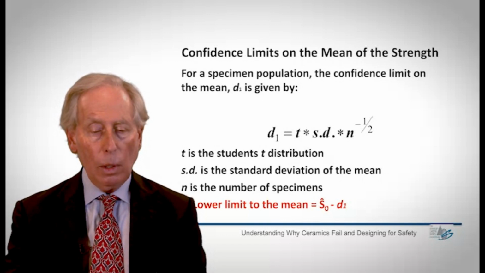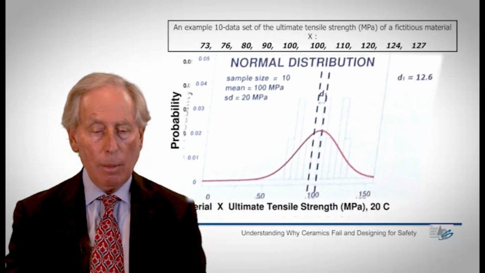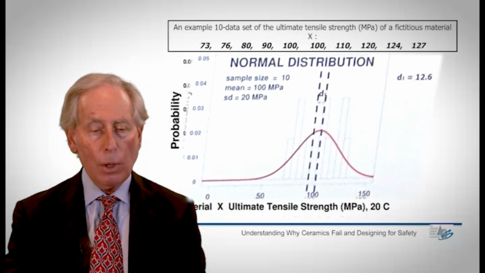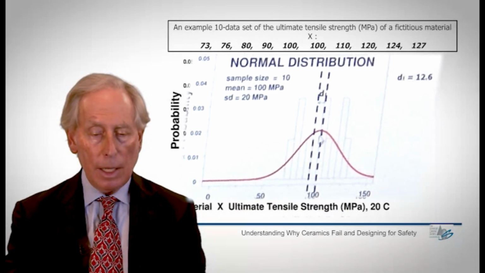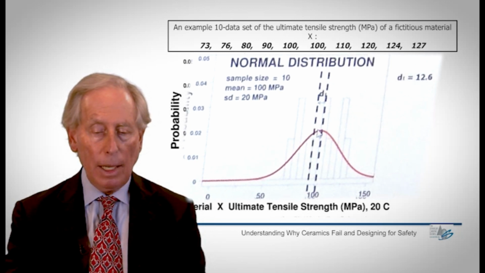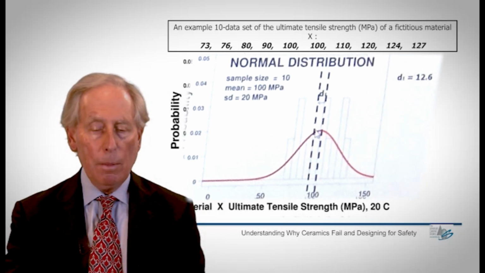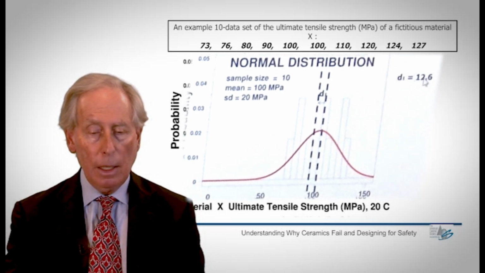And the lower limit to that mean then would be the average S sub 0 minus D1. And I can show that on a schematic like this. If I take 10 numbers representing 10 tensile strengths of a material, we've plotted this as a normal distribution, and D1, around the mean of the distribution, is shown here. So D1 is 12.6. So you can see where the breadth of that distribution is.